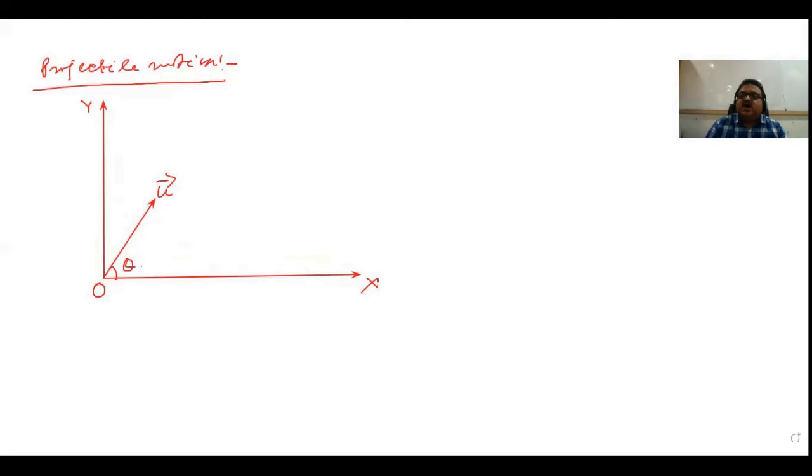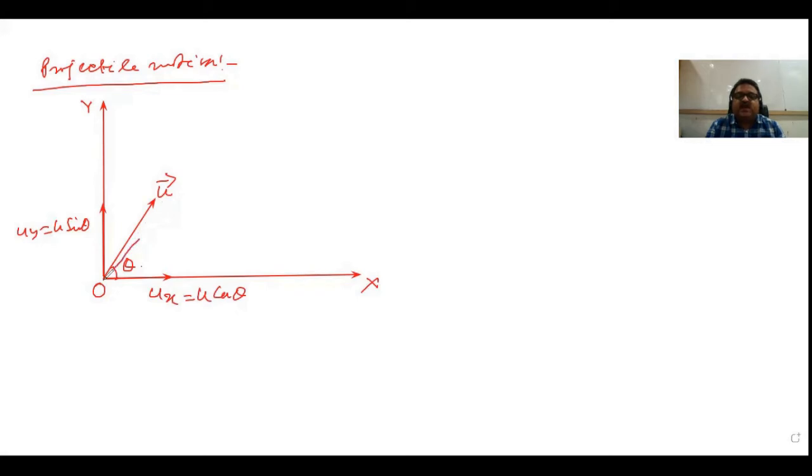Clear? Now I am going to split this velocity into two different components, one along the x-axis, the other along the y-axis. Now let me write down this component as ux, that is u cos theta, and this is uy, which is u sin theta. Now what will happen? Because of the action of both components, the projectile will travel in the horizontal direction and simultaneously it will move along the vertical direction.